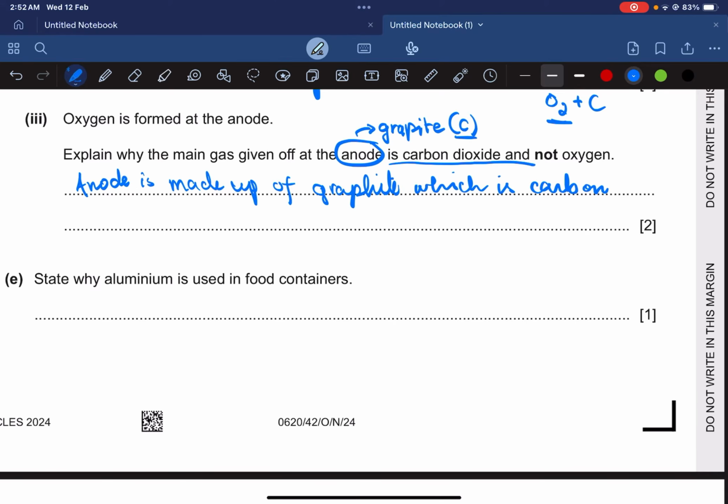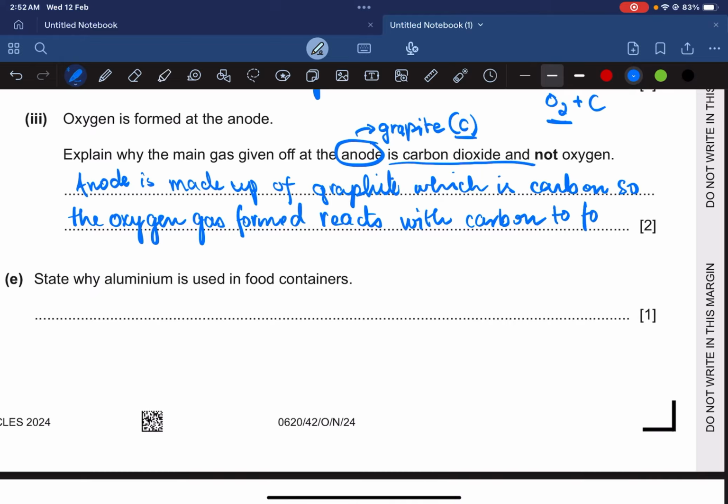So the oxygen gas formed reacts with the carbon to form carbon dioxide, CO2 gas.